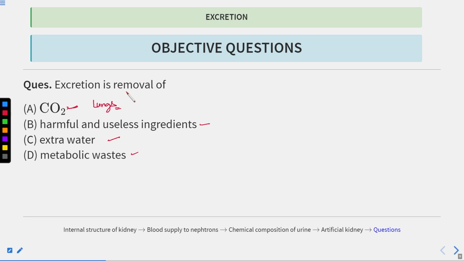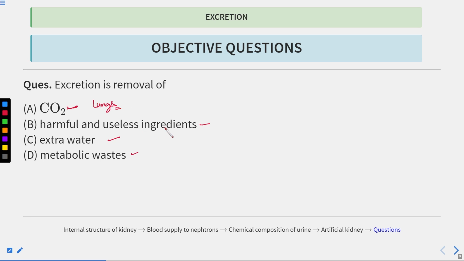When we exhale, we release the carbon dioxide into the environment, and it is produced by the process of respiration. So during respiration, what happens? The respiratory substrates get oxidized, and then they release energy, and in this process carbon dioxide is also released.